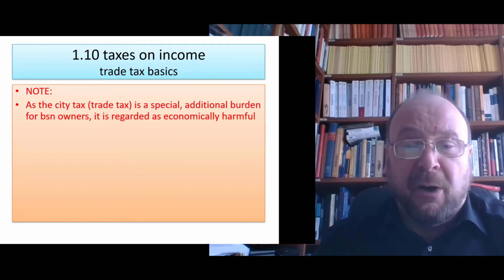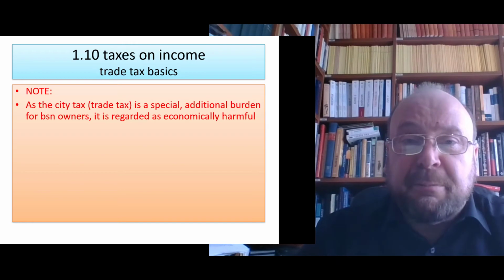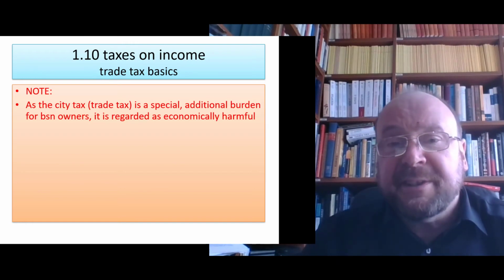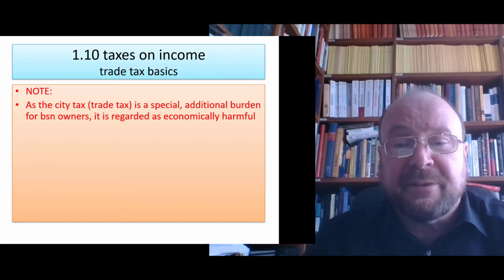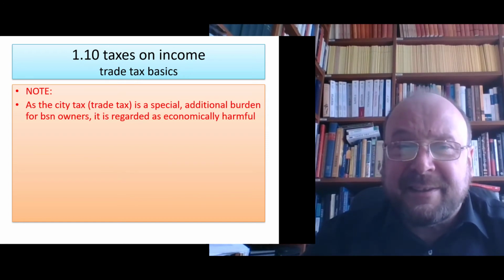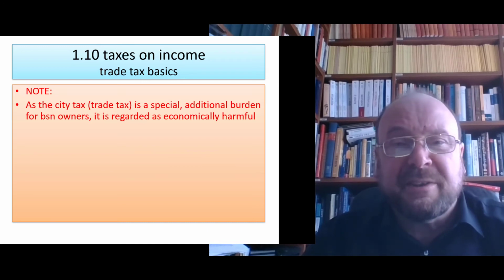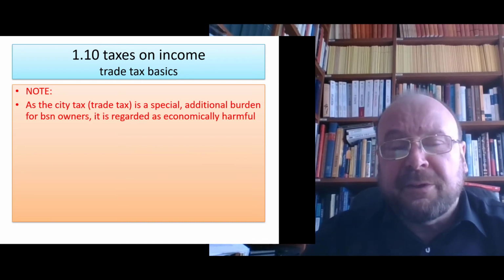Now, well, the economic problem of the existence of the trade tax is that the trade tax is a special additional tax, and that this tax is especially levied from that type of income which is the most beneficial for the population.